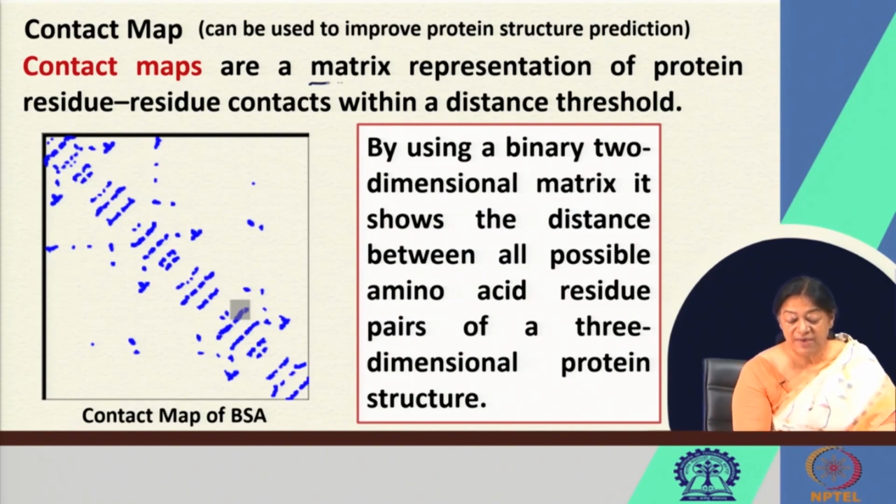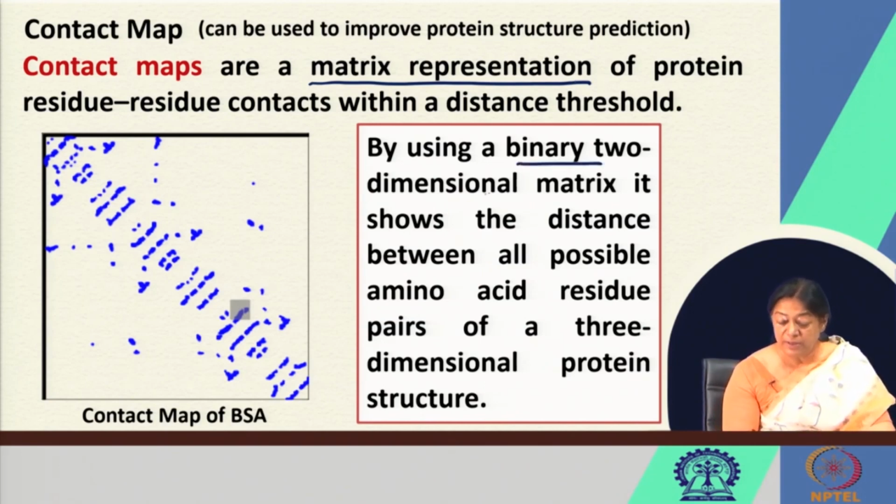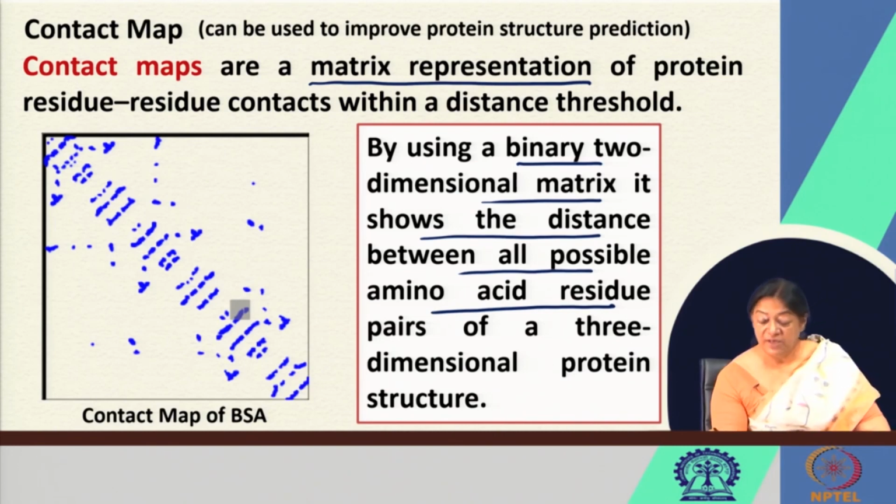So, what we have is a matrix representation. Where do we get this matrix representation from? We have a binary two-dimensional matrix that shows the distance between all possible amino acid residue pairs of a three-dimensional protein structure. So, we have the C alpha of residue i and the C alpha of residue j.